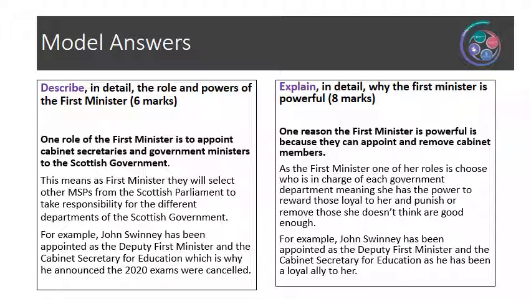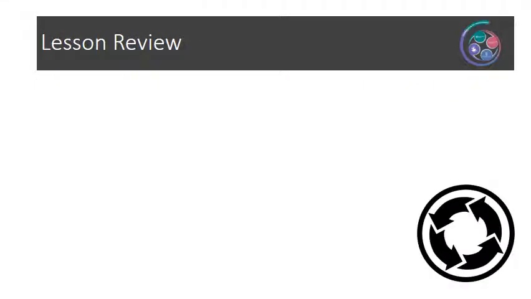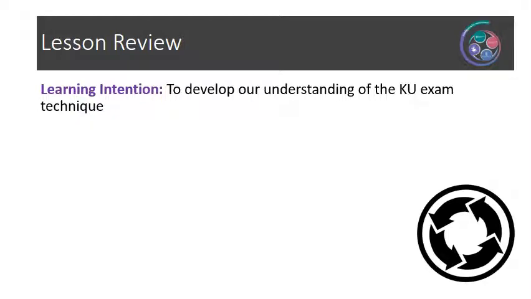You'll note here the questions are very similar, but the way that you structure your response and the way that you use the information is ever so slightly different. So now to review today's learning. Throughout this lesson, we have looked at a range of commonly studied National 5 units in order to demonstrate the technique for describe and explain KU questions.